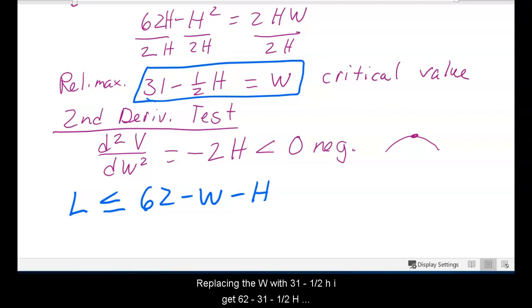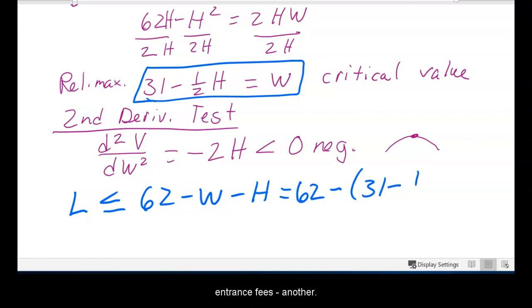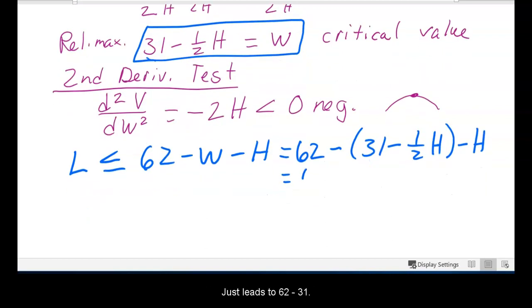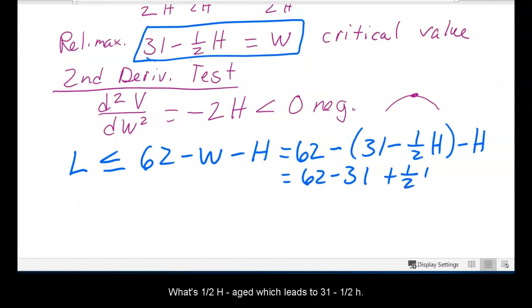Replacing the w with 31 minus 1/2 h, I get 62 minus 31 minus 1/2 h in parentheses minus another h. By distributing the negative, this leads to 62 minus 31 plus 1/2 h minus h, which leads to 31 minus 1/2 h.